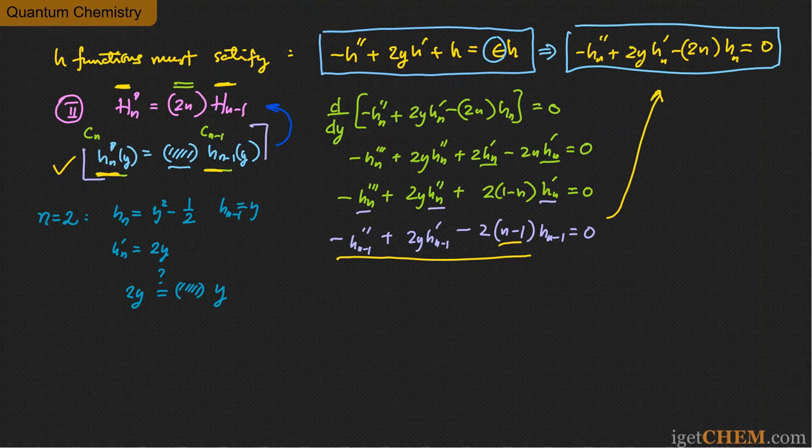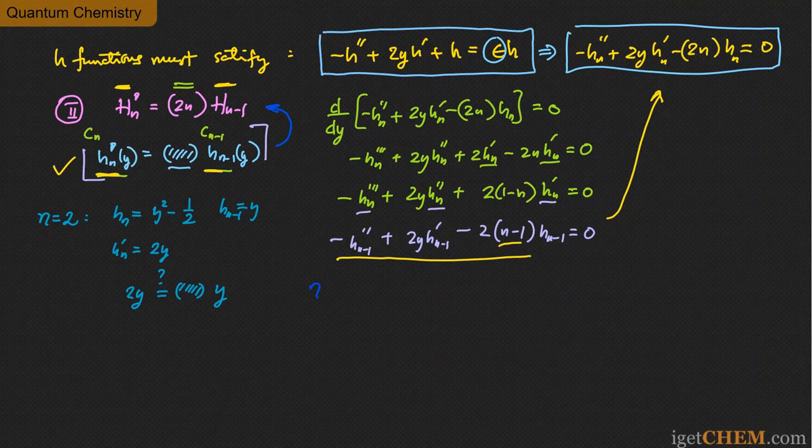So what I can then do is to start with n equals 0. I know that in my case, h0 is equal to 1. You can always start with the first one. And then we saw that in our case, we said h1 would then be equal to y.